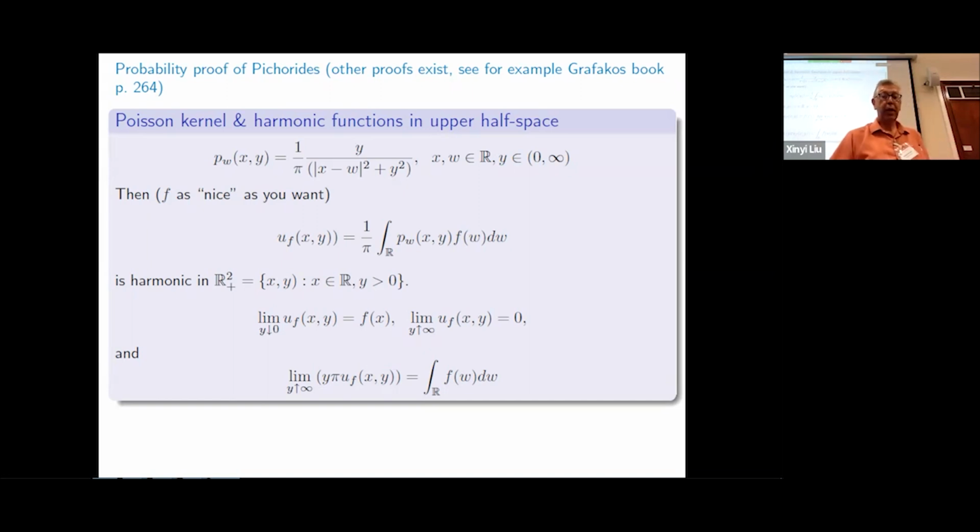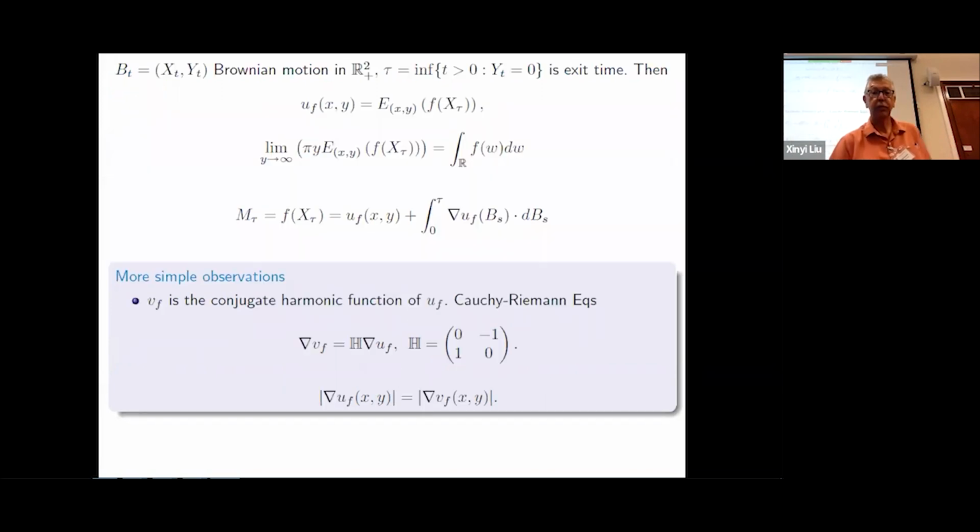But if you multiply by pi y times the function, you pick up the integral of the function, because the Poisson kernel times pi y converges to 1. So this gives you a way to write integrals of functions in terms of expectations.